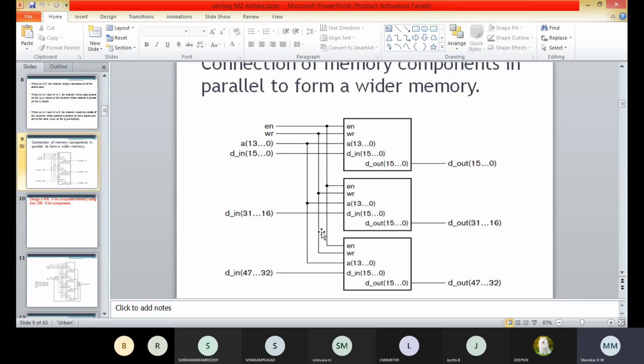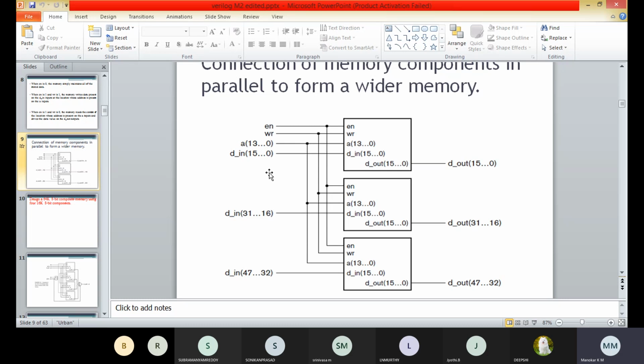So we can connect the address and control signals together as shown in this figure, and use the data input and output signals of each component for a slice of the overall data input and output signals.